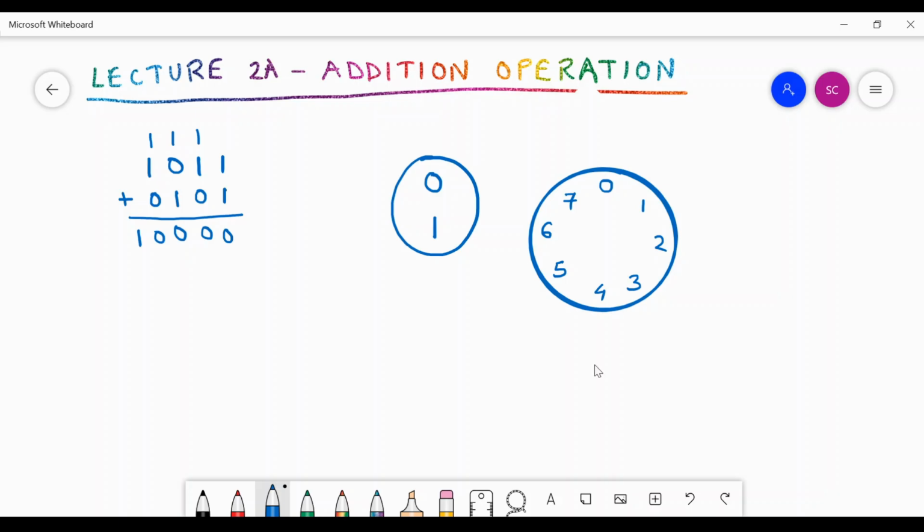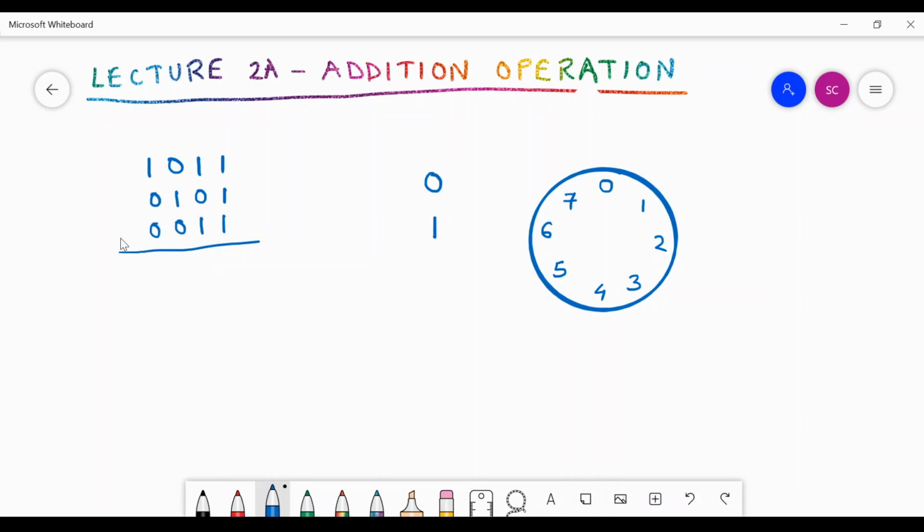So we should next try the addition with more than two numbers. So let us add some number here. Suppose add 0, 0, 1, 1.